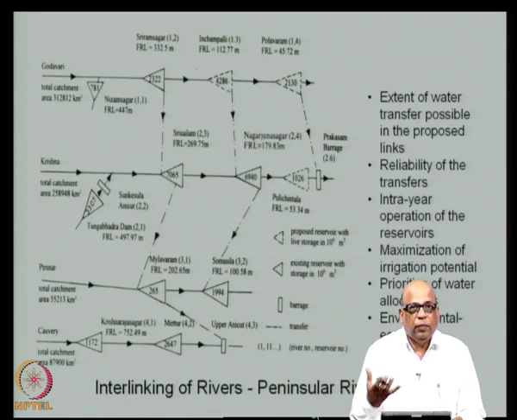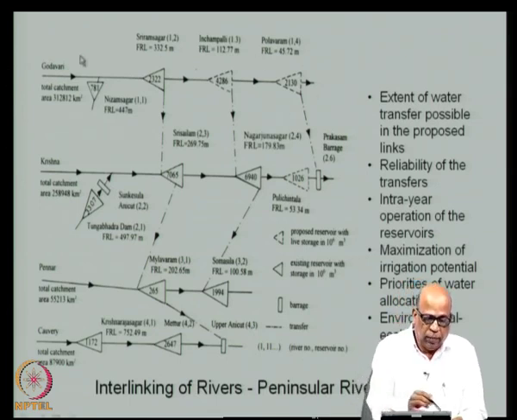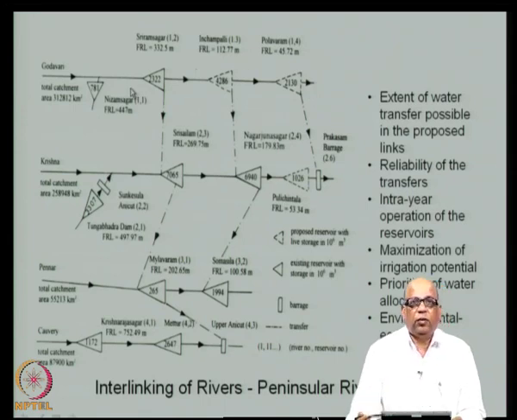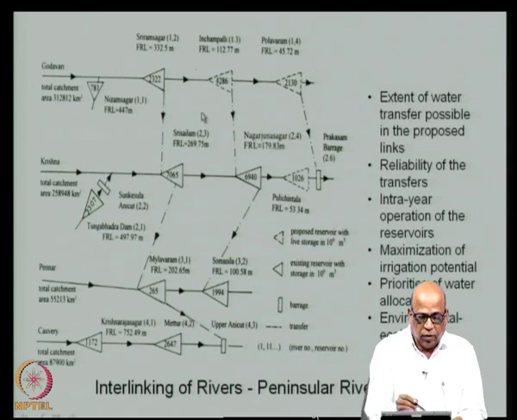It is not just the physical limitation of the links, it is also the functional limitation of the various reservoirs that you have here, because the priority of allocations of water will be first, whatever reservoir you have here has to meet its own requirements, then it needs to meet the downstream requirements of the same river, and then only in excess of that you will be able to supply to other river systems.